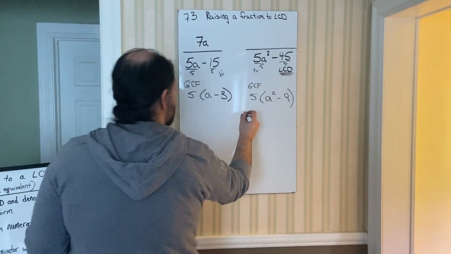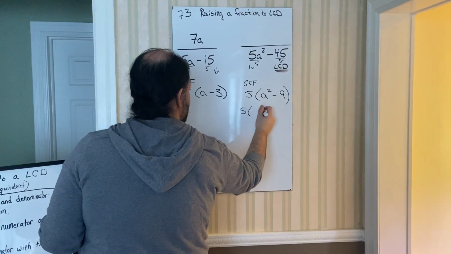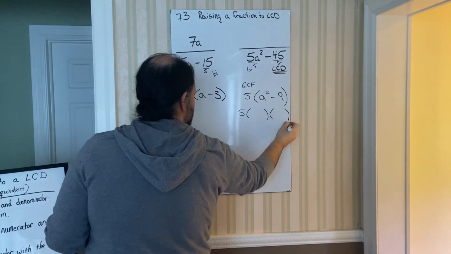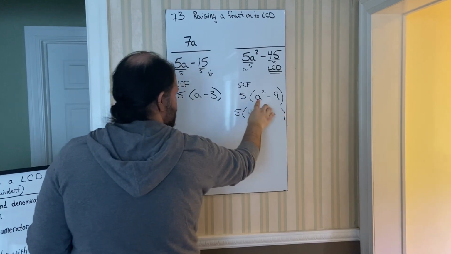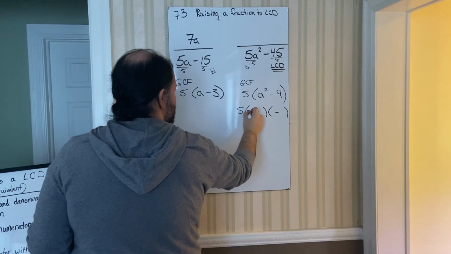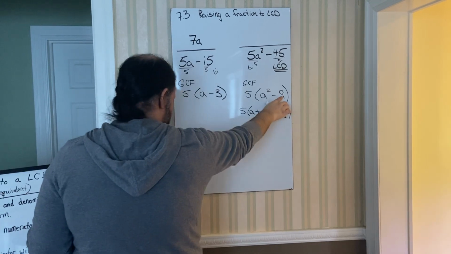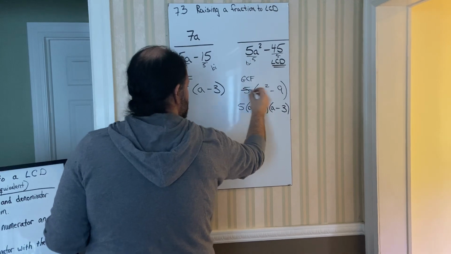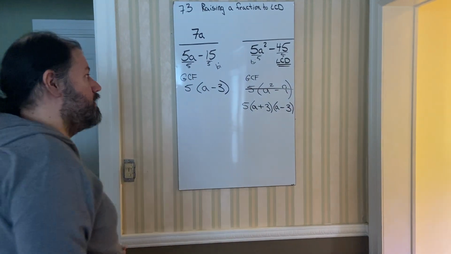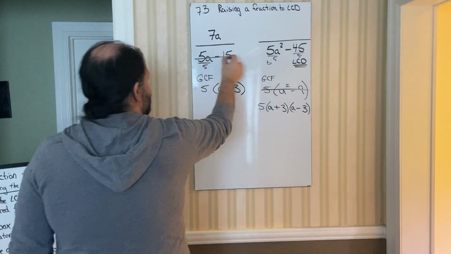That means you can break this down as difference of squares. Minus sign means 1 plus, 1 minus, and then the square root of a squared is a and a, break it up evenly, and 9, 3 and 3. So again, don't look at these forms.